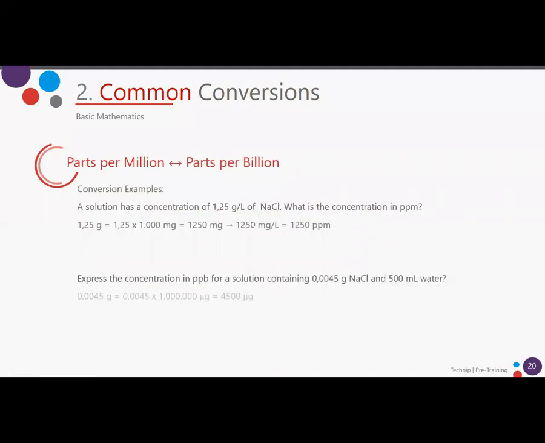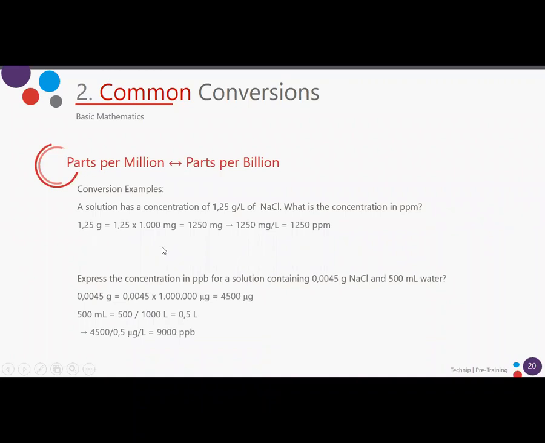Okay, then let's look at some examples for aqueous solutions. So we have a solution with a concentration of 1.25 grams per liter of sodium chloride. And we want to express this concentration in ppm. So first, as we remember, we know that 1 milligram per liter is 1 ppm.